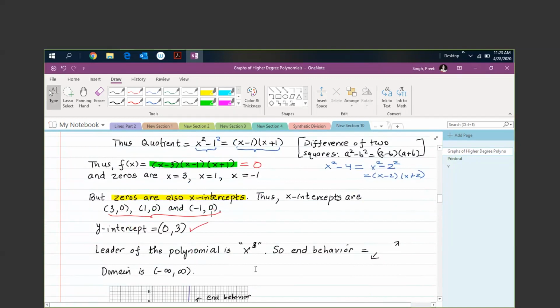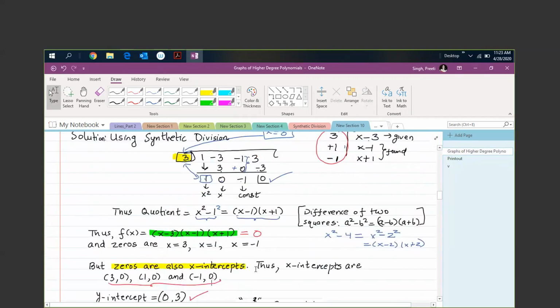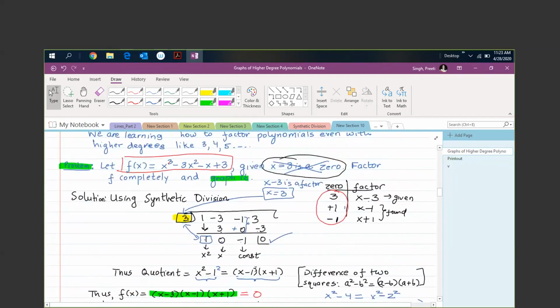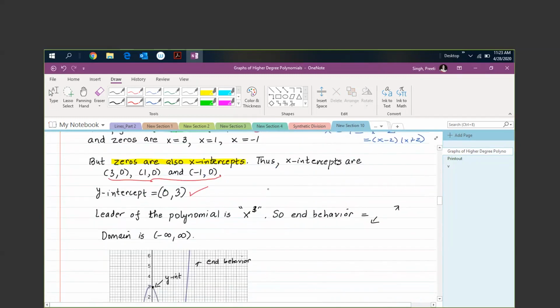Leader of the polynomial. What's the leader of the polynomial? Who's leading this polynomial? Highest power of x, which is x cube here. So leader is x cube. It means the end behavior of the function would be like the odd powers, and all odd powers behave like this usually. All the x cube and x to the fifth behave like this.